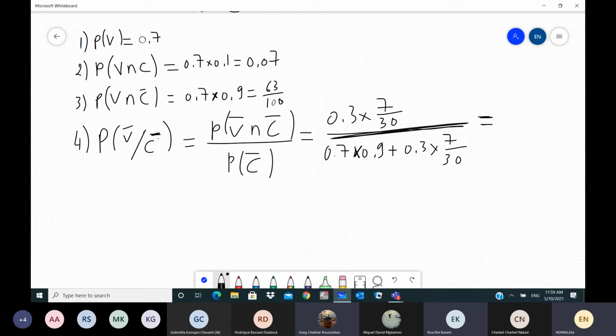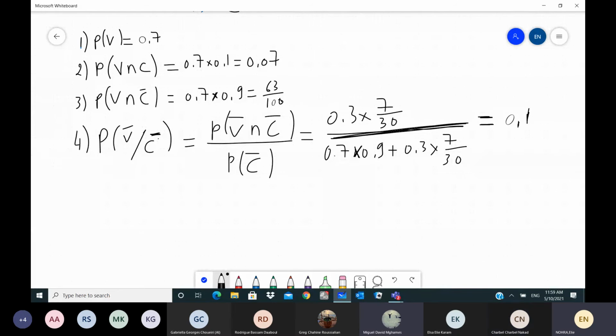Yes sir. So 0.3 times 7 over 30 over 0.7, because it's a percentage. It becomes, as Roderick said, 0.1.